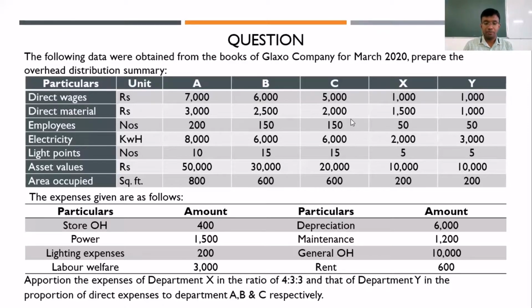And for department Y, it needs to be apportioned in the proportion of direct expenses to departments A, B, and C respectively. So in that line, let's go about with the preparation of this question. Here we will have to prepare the primary distribution summary at first, and then we will have to prepare the secondary distribution summary. So let's start working on this question.